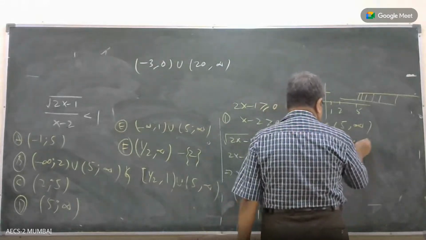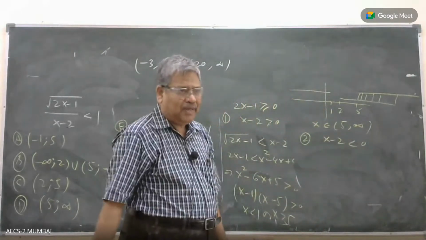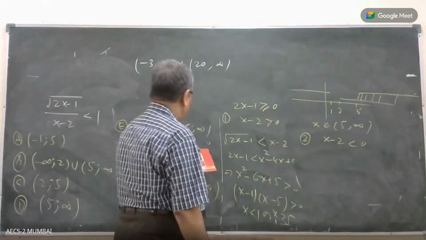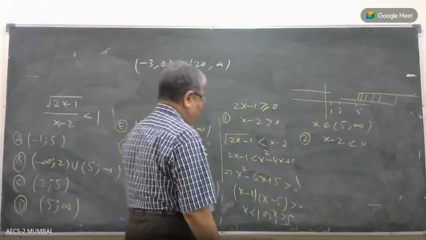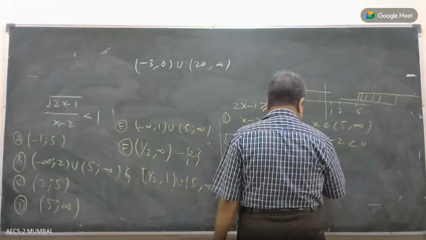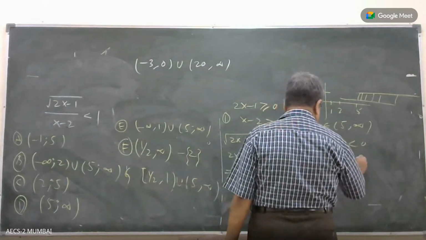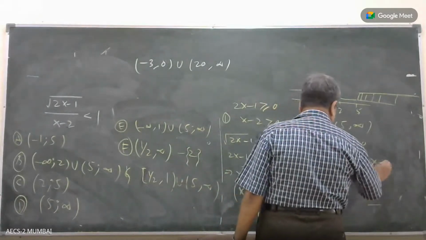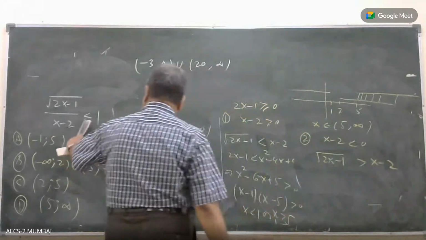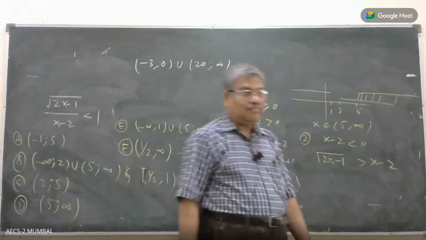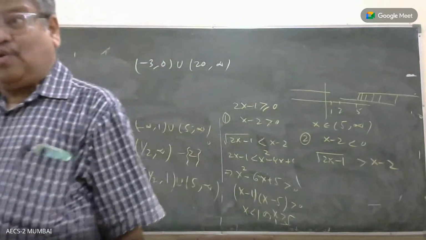X minus 2 is negative. This is very important. X minus 2 is negative. So what will happen if we multiply the sign of it to the equation and change that? This has changed. Now can we square this?